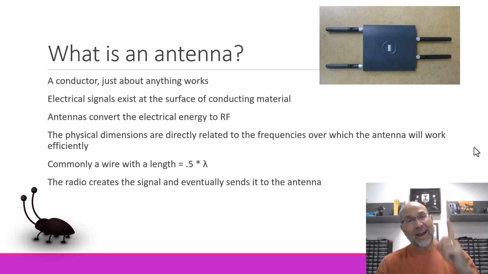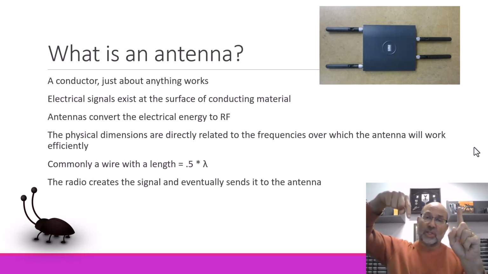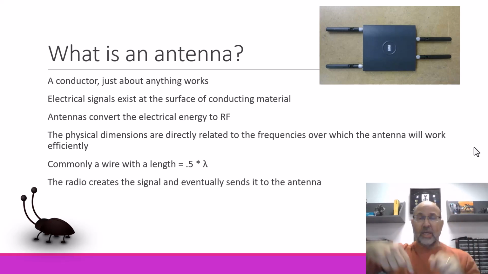So the two things are related. The higher you go in frequency, the shorter your wavelength is. And so the lower you are in frequency, the bigger the antennas are going to be. That's why when you look at radio station antennas, they're enormous, because the frequencies are much, much lower. But the 2.4 gigahertz wavelength is only about 5 inches long, and 5 gigahertz is even smaller. So that's why 5 gigahertz antennas are usually smaller.